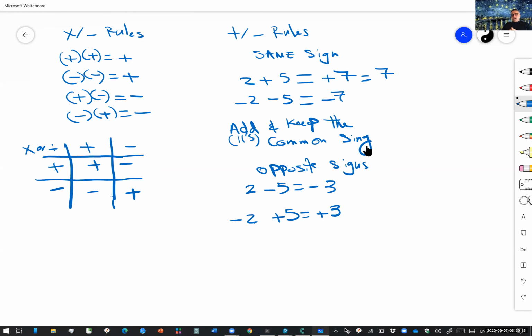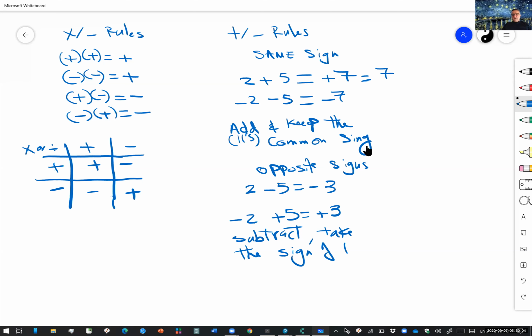Subtraction, the absolute value of the smaller number taken away from the absolute value of the larger number, and then what? Take the sign of the larger one. So when the signs are opposite, we're always going to subtract, and we're going to take the sign of the what?